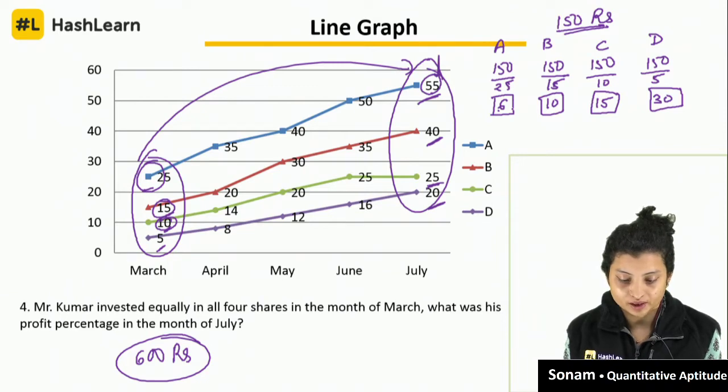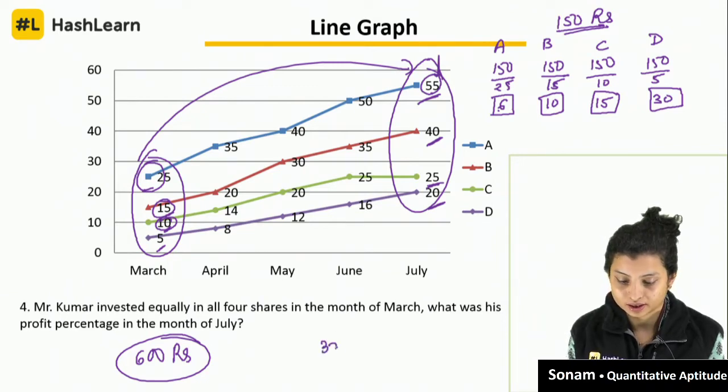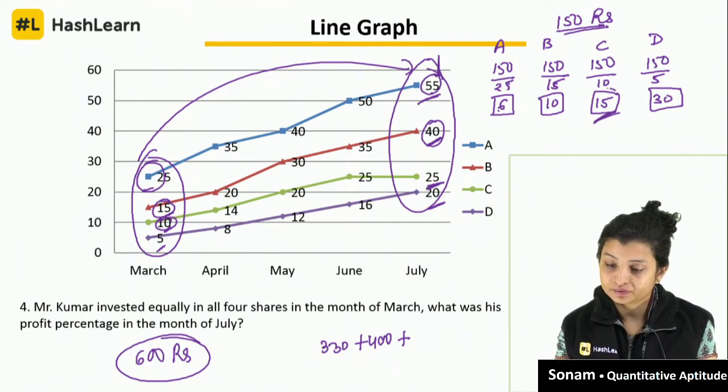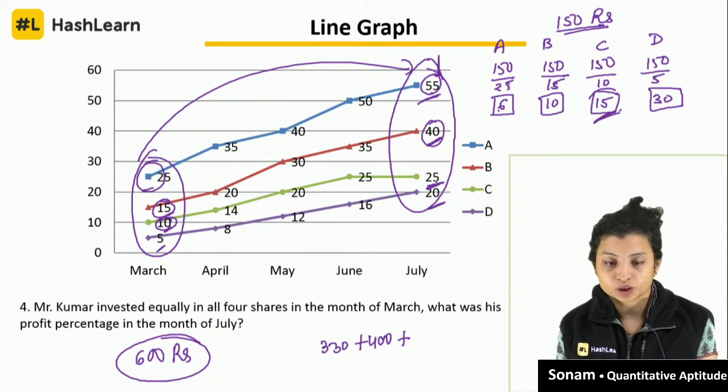So 55 into 6, that is 330, plus 40 into 10, 400, plus 25 into 15, because how many shares of C is he having? Sorry, it's 15 shares and each is costing him 25.